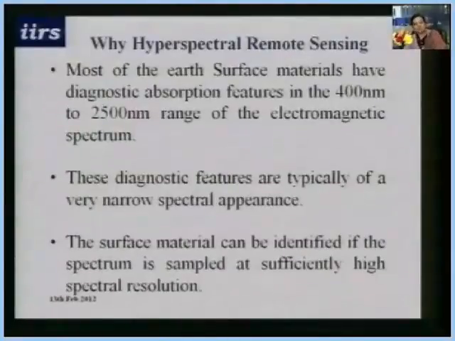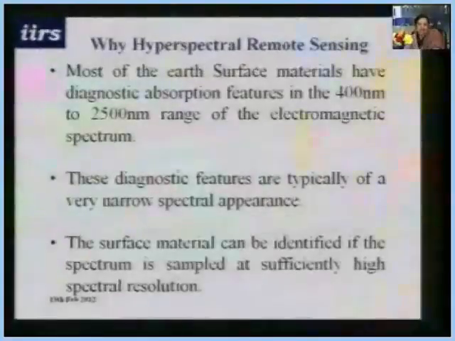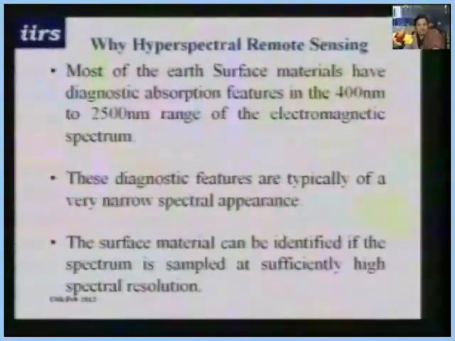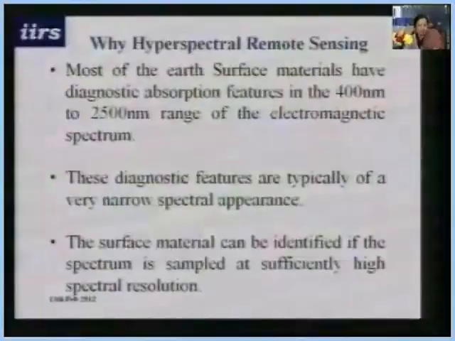So most of the Earth's surface materials have what we call diagnostic absorption features in the complete spectrum region from 400 nanometers to 2500 nanometers of the electromagnetic spectrum, and these diagnostic absorption features are typically of a very narrow spectral appearance.